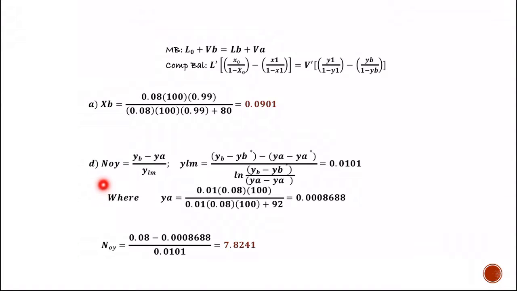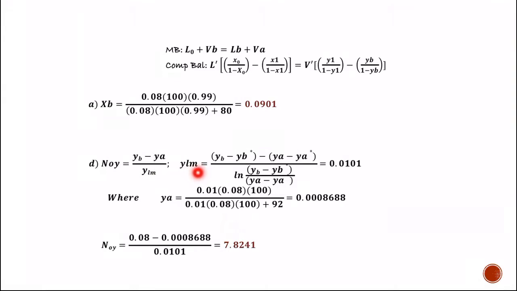Jumping to letter D first, or finding the number of transfer units as NOY, we can use the formula here, YB minus YA all over Y log mean.